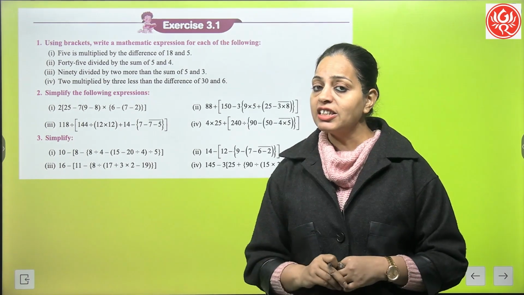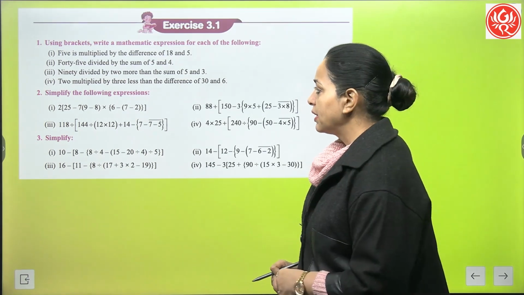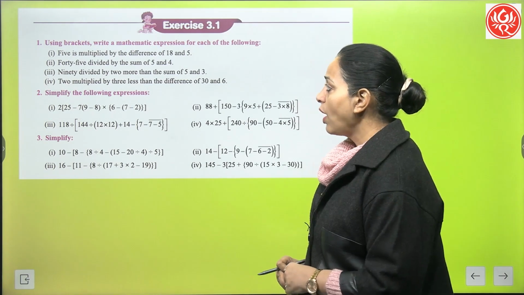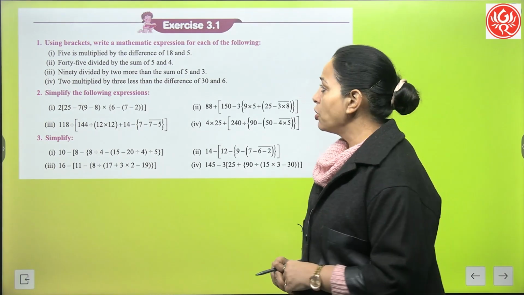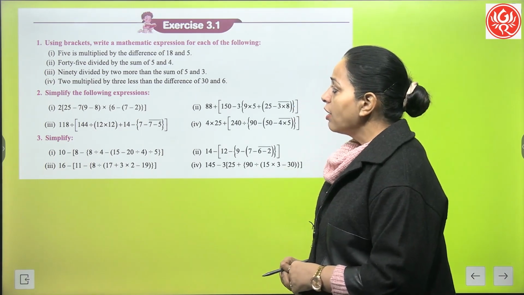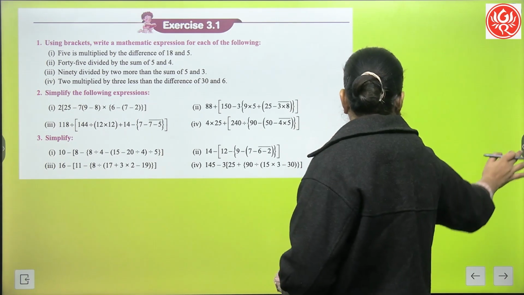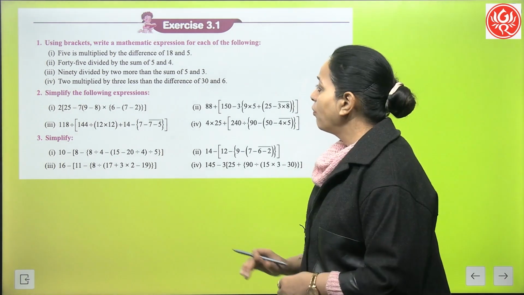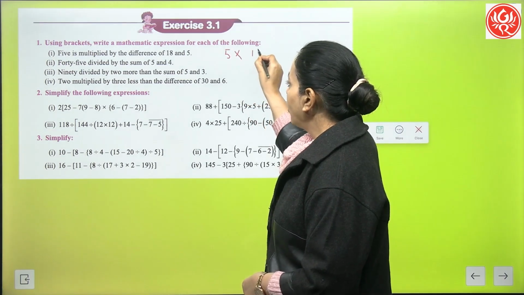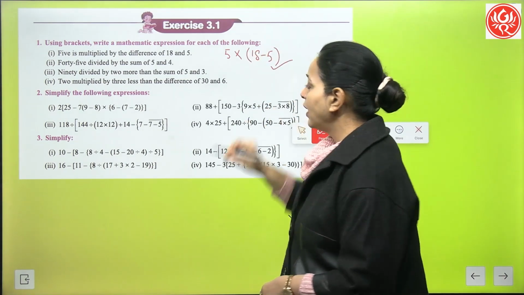So now exercise 3.1 based on such type of examples. See here question number 1, using brackets write a mathematical expression for each of the following. Like the first part, 5 is multiplied by the difference of 18 and 5. It means 5 multiplied by difference of 18 and 5. तो यहाँ पर हम क्या लगा देंगे?